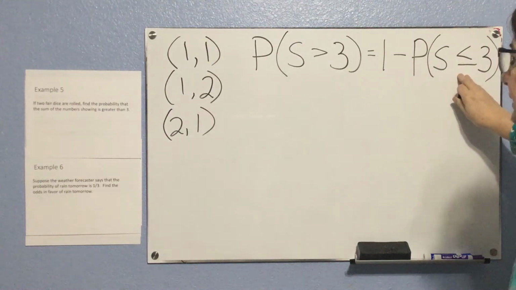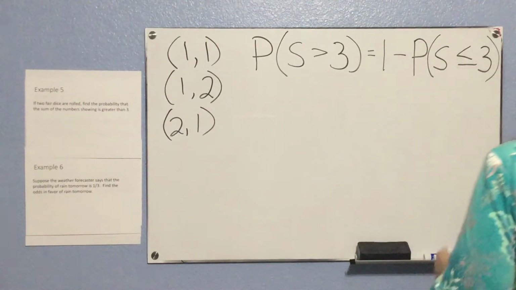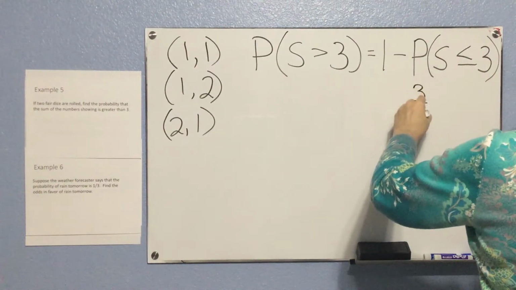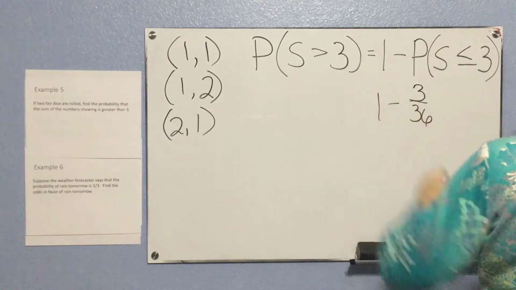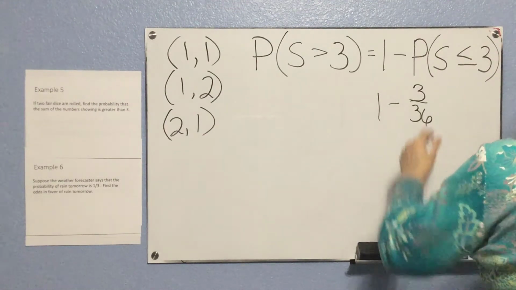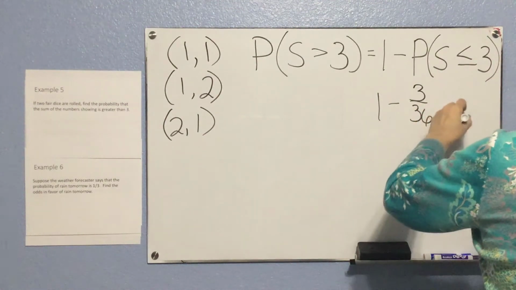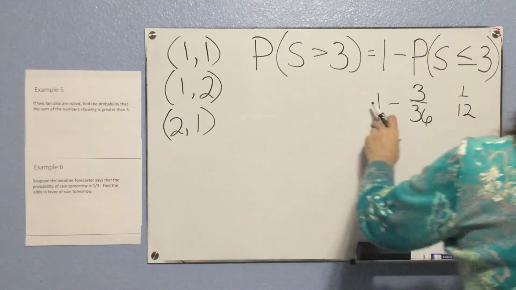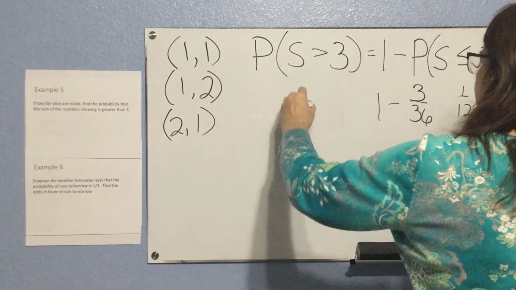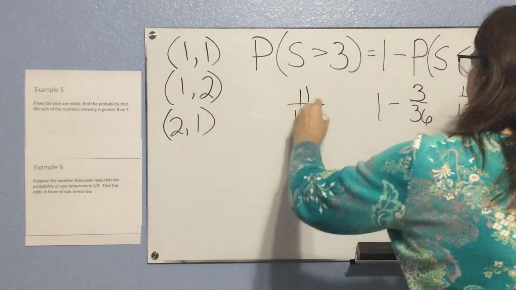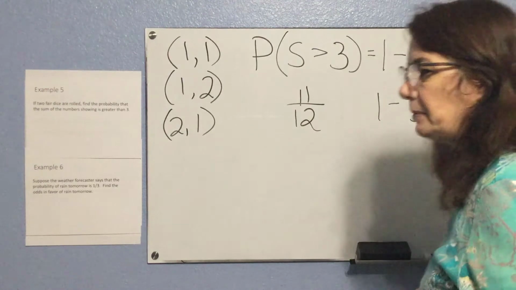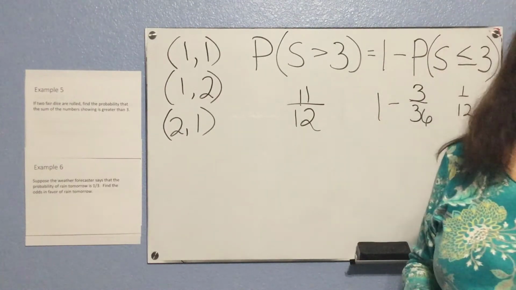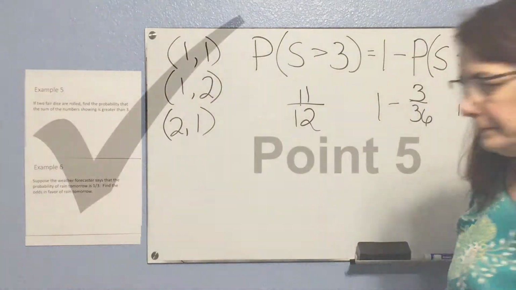But we've already seen that the probability less than or equal to 3 is 3 out of 36. So I've got 1 minus 3 out of 36. Let's reduce this down to 1/12. And 1 minus 1/12 will give me 11/12 for the probability of a sum greater than 3. Pause the video now and work on checkpoint 5.